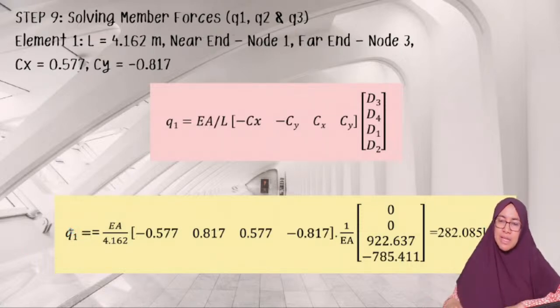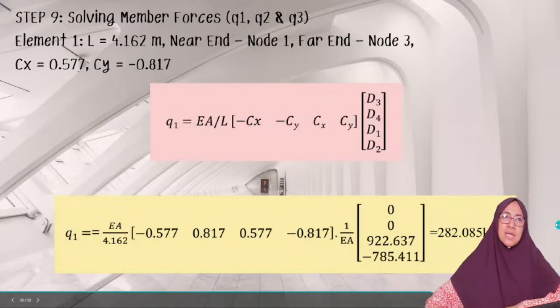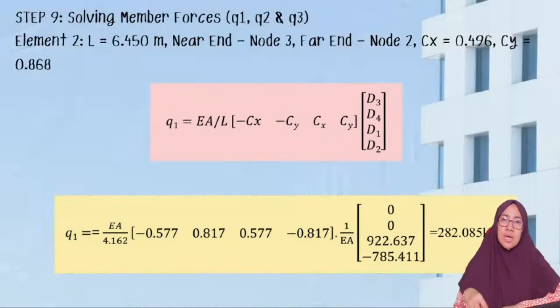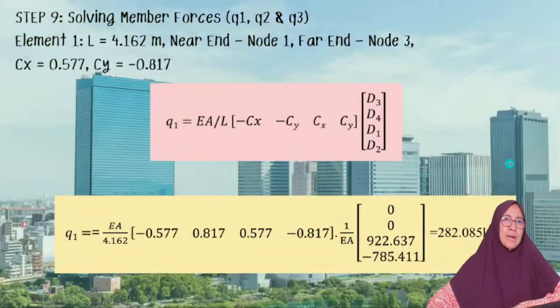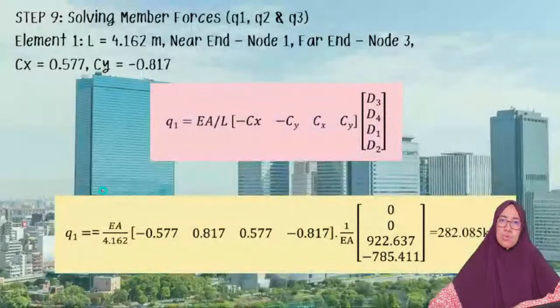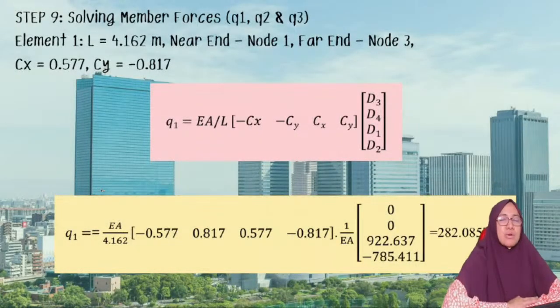So in the stiffness method, basically small letter represents element, capital letter represents structure. So when we go to this step, member forces, we will use a small letter q to represent the member forces. So we have Q1 and Q2. The final answer is Q1 and Q2.